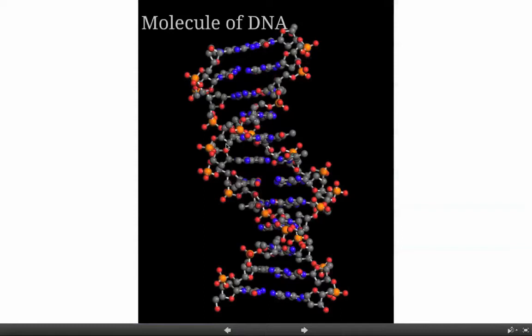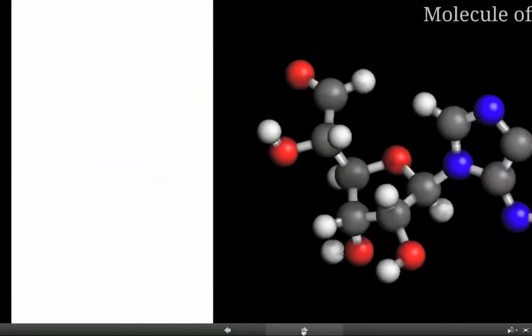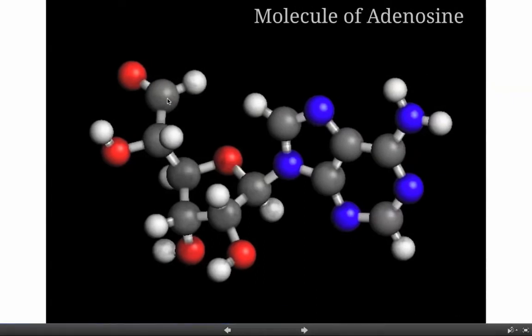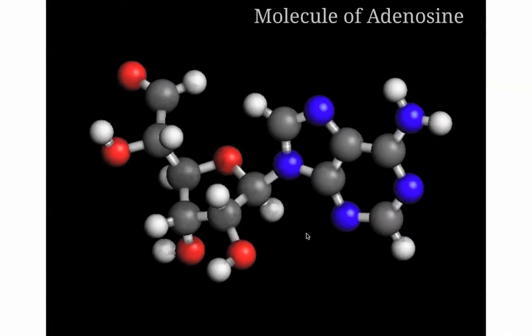Let's look at one component of this ladder of DNA. Here are the molecules that make up that side of the ladder, and here's part of one of those rungs. This is a molecule of adenosine. DNA is made of four types of molecules. You might have seen them as A, T, C, and G. It's the four letters that make up DNA.